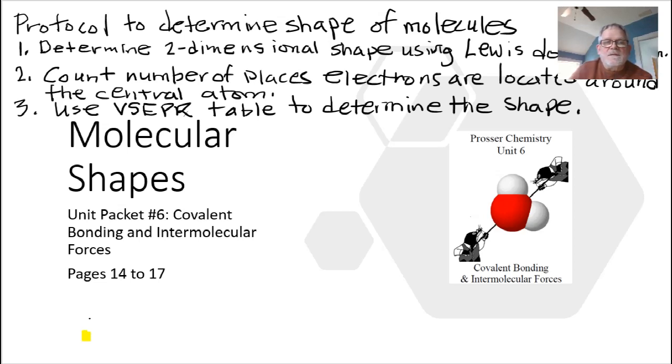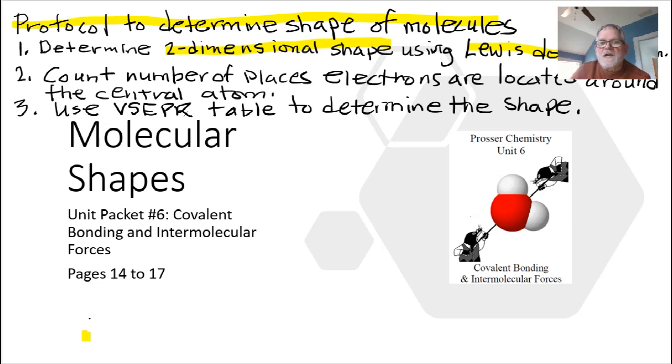So, in summary, the protocol or the rules to determine the shape of molecules is first you determine the two-dimensional shape of the molecule based on the molecular formula using the Lewis dot diagram procedure.